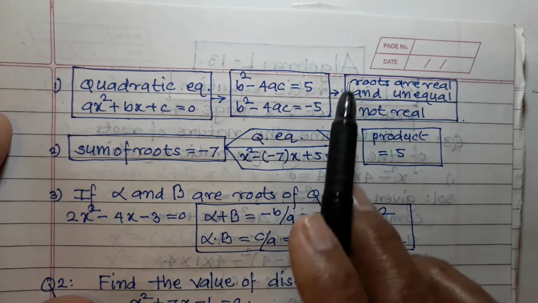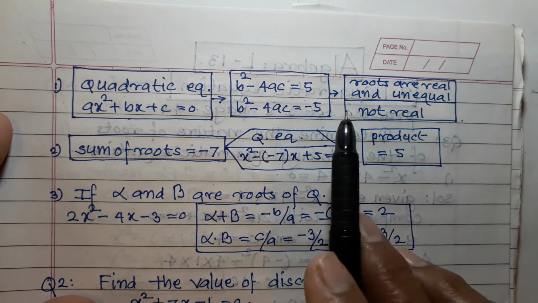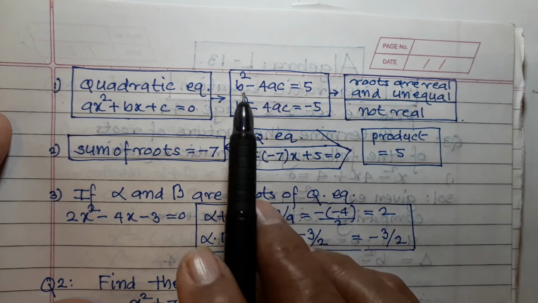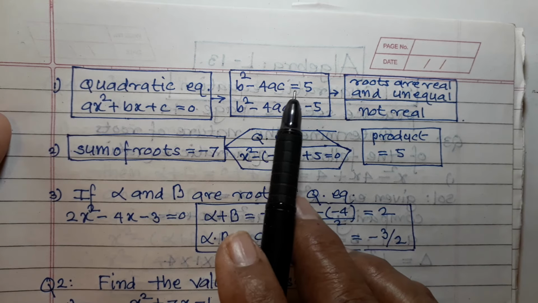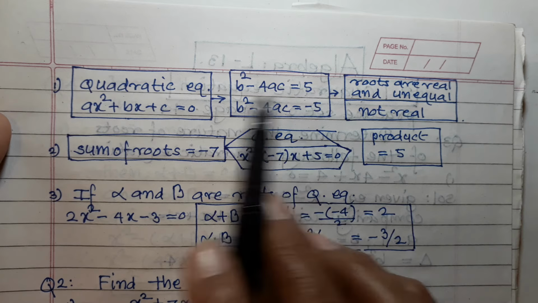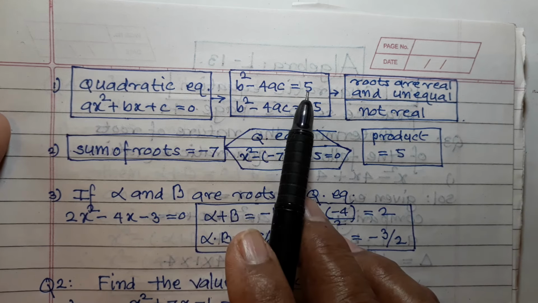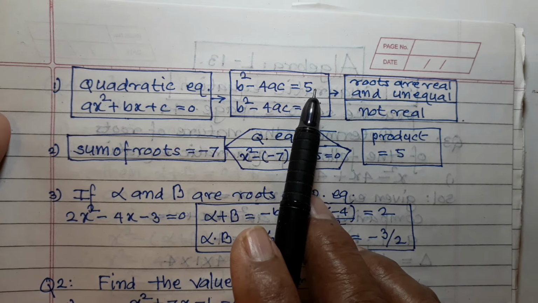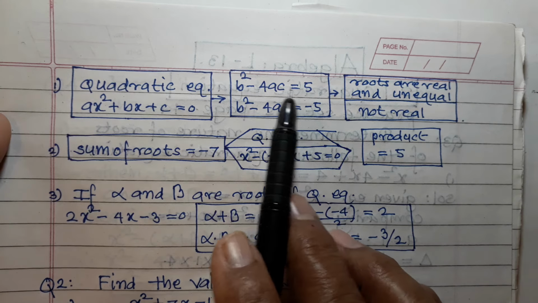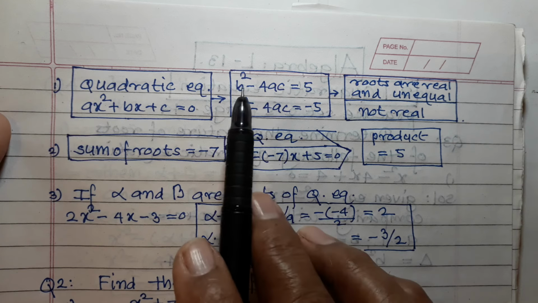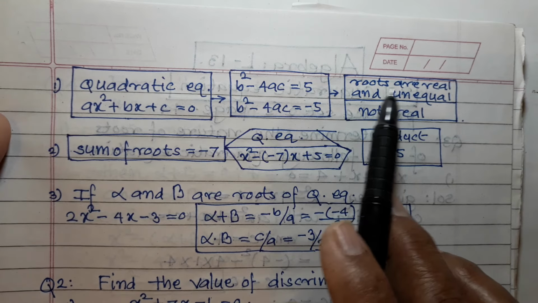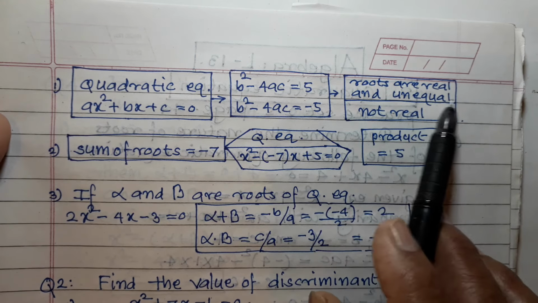Then you have to write in this box the nature of the roots. Now b square minus 4ac is equal to 5, that means it is greater than 0, positive, and therefore roots are real and unequal.